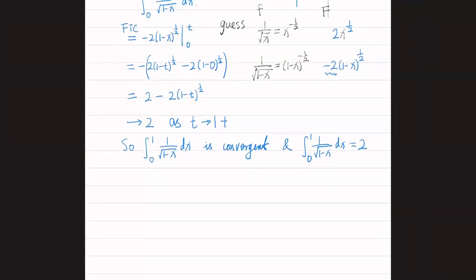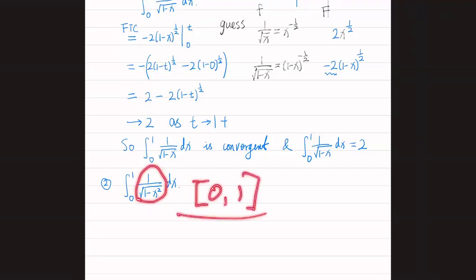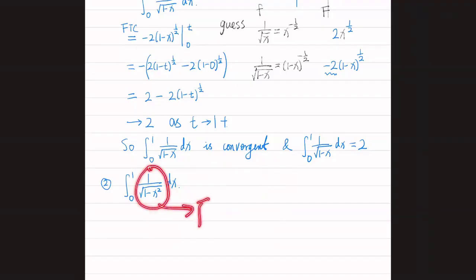The second one, okay, as we have just mentioned, the integral 0 to 1. First, Zichen, is this function continuous on the interval? Unmute yourself, Zichen. Wait, what's the question? I don't know.